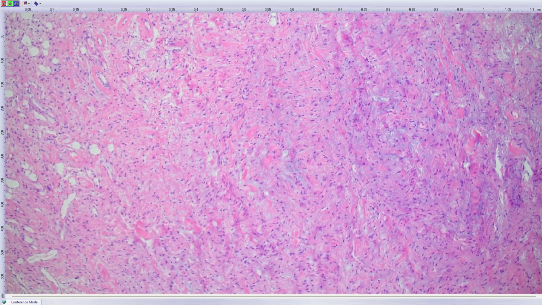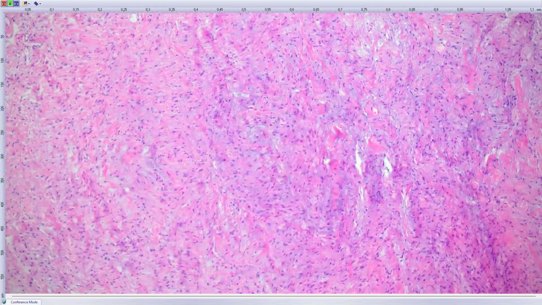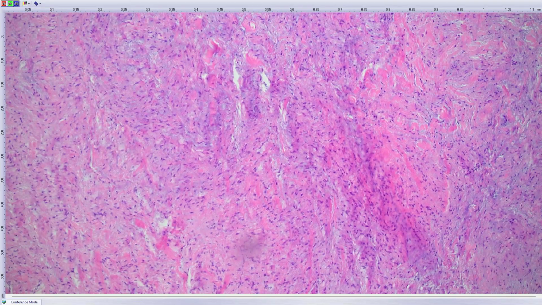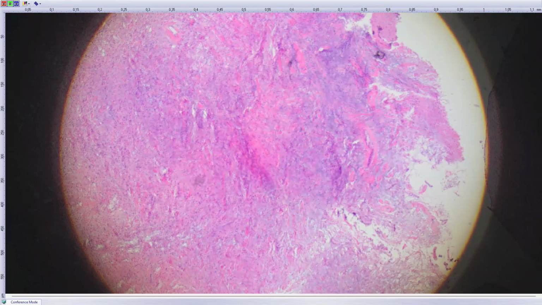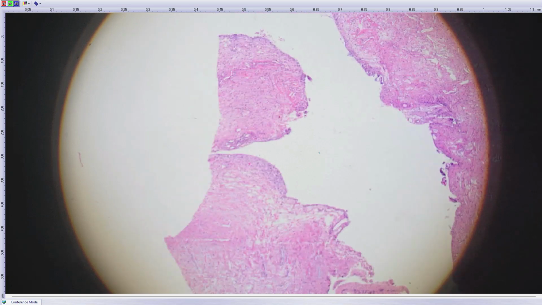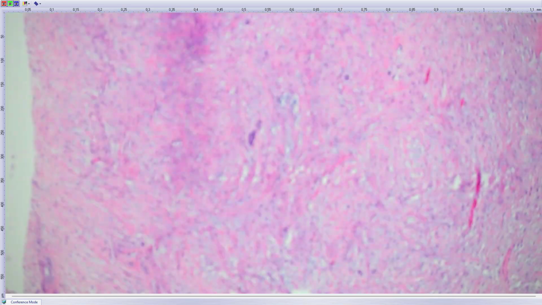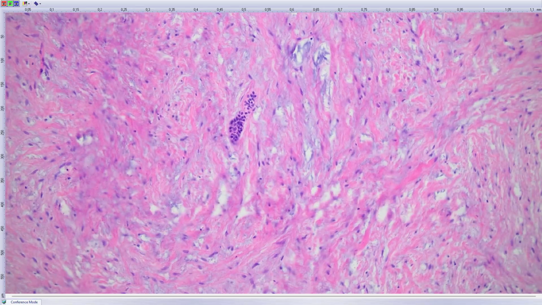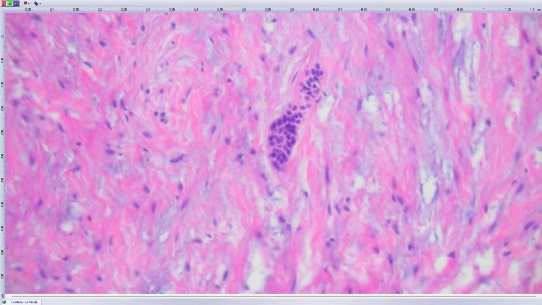Otherwise quite unremarkable morphology, except for one more feature which I'll show you. So kind of bland spindle cells, myxofibrous stroma. And then what's quite important for the diagnosis are these little islands of, this is epithelium.